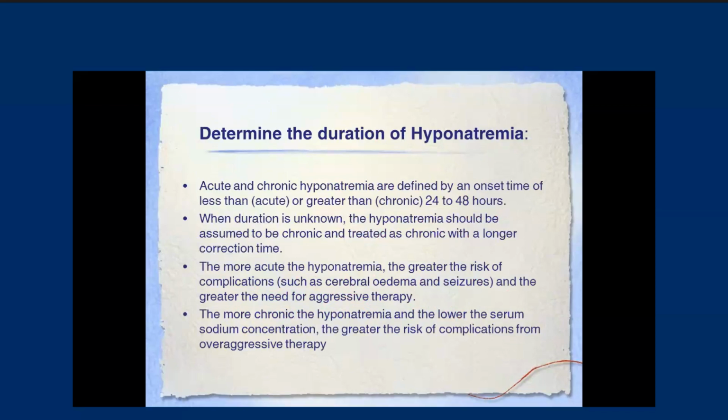So the other factor, as I have mentioned earlier, is the duration of the hyponatremia. If hyponatremia develops in less than 48 hours, then it is an acute one. But if the duration is unknown, or if the hyponatremia develops in more than 48 hours, then we'll assume that it is a chronic one.